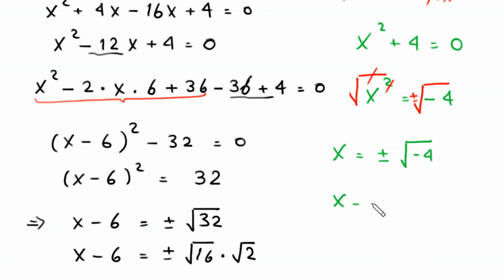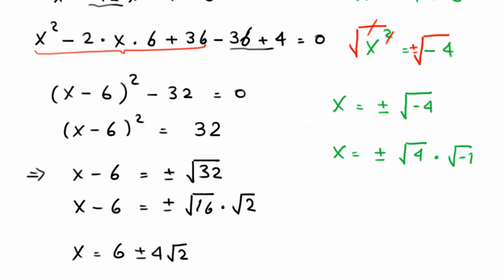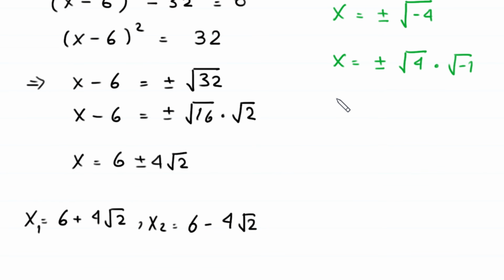Next, root negative 4 can be written as root 4 times root negative 1, and this will become x is equal to plus or minus, root 4 is 2, and root negative 1 will become i. So from here we get two other solutions: x3 is equal to 2i, and x4 is equal to negative 2i.